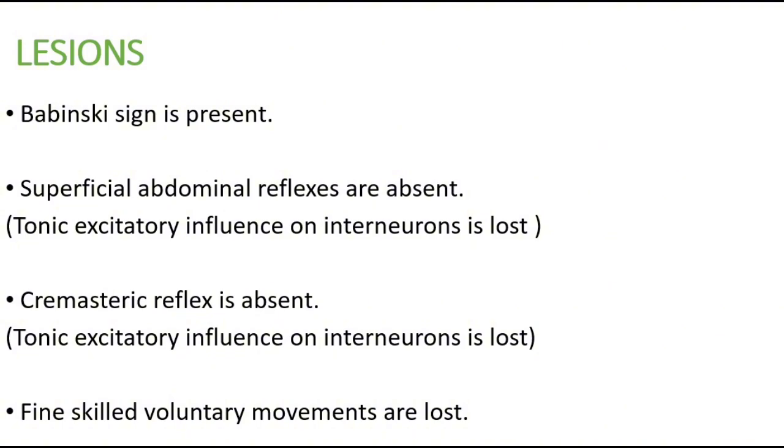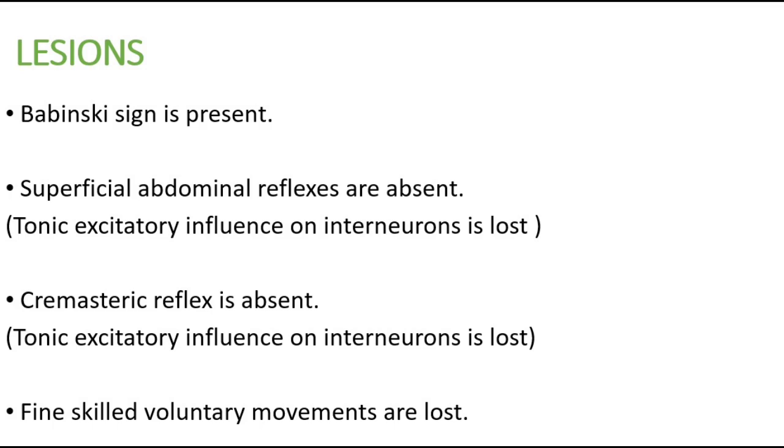Next comes the cremasteric reflex. For the same reason, this reflex would also be absent. This reflex is when the skin on the medial side of the thigh is stroked, the cremasteric muscle would contract.